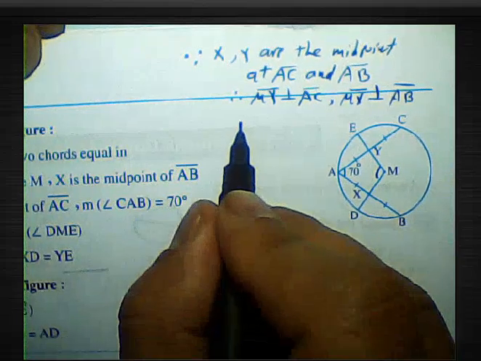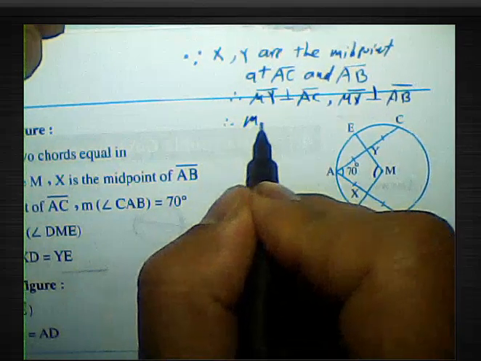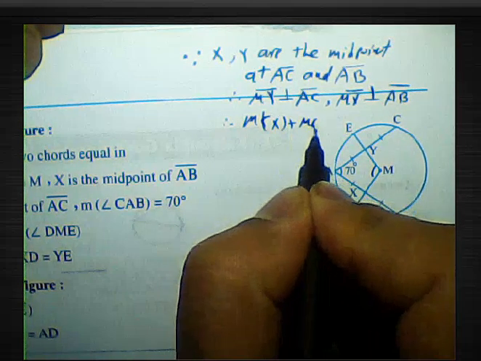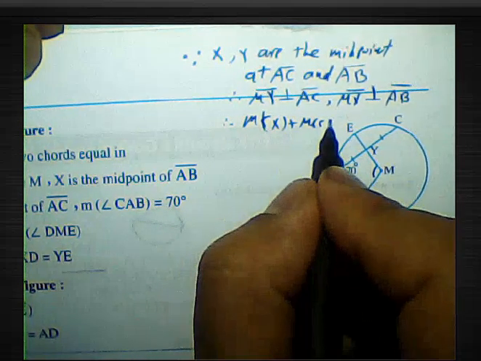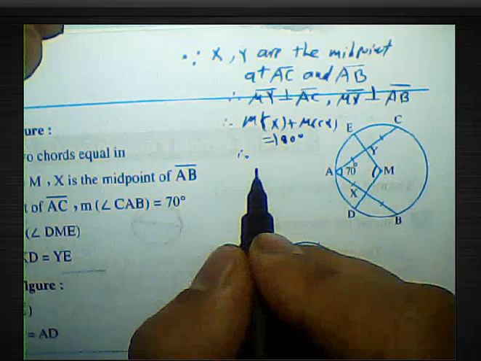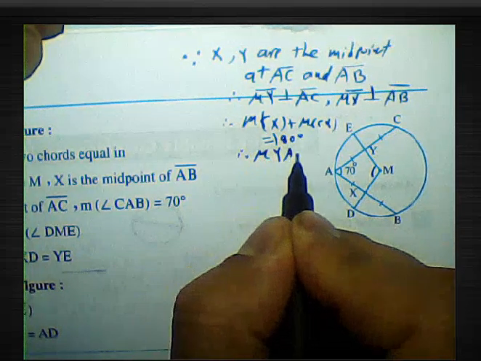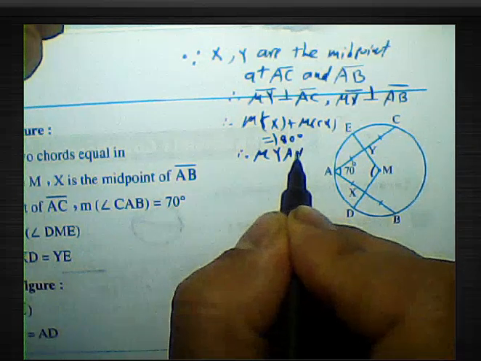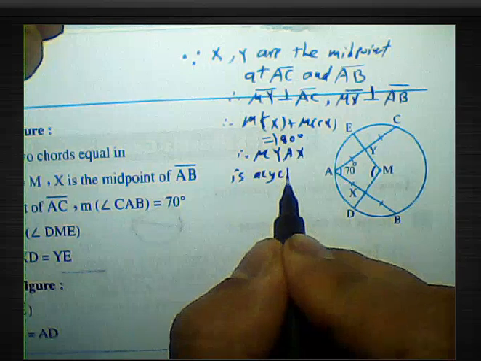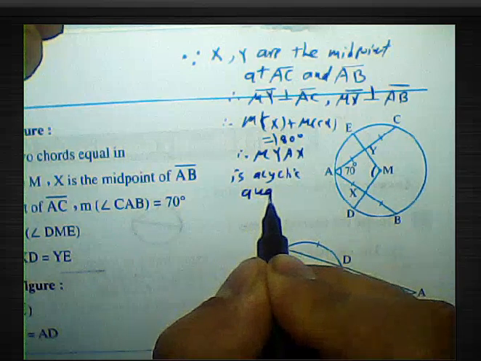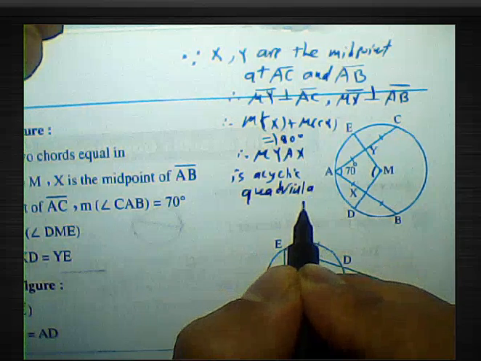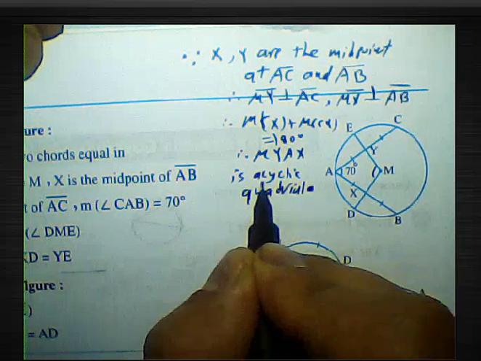Then the measure of angle X plus the measure of angle Y equals 180 degrees. Then MYAX is a cyclic quadrilateral. Okay, cyclic quadrilateral.